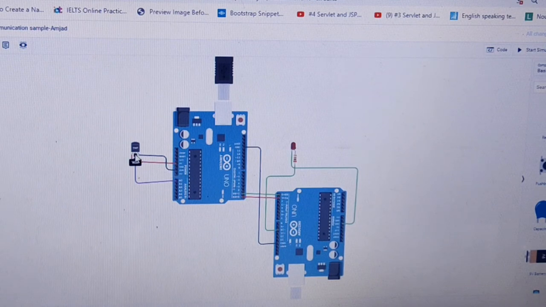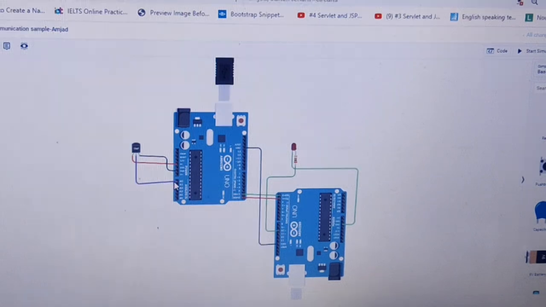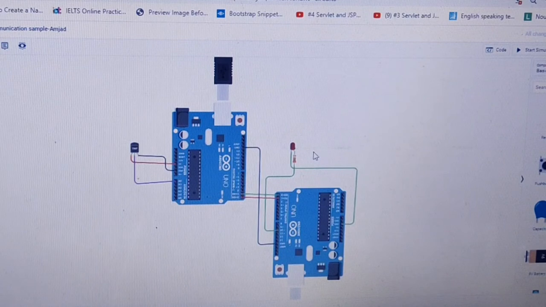The analog pin is connected with A0. On the other side, the LED is connected with a 220 ohm resistor with pin number 10, and the negative point of the LED is connected with ground.